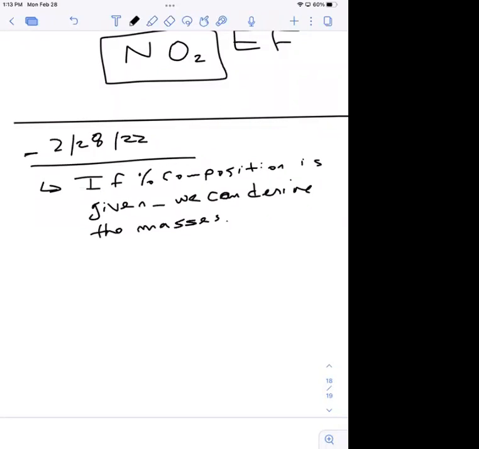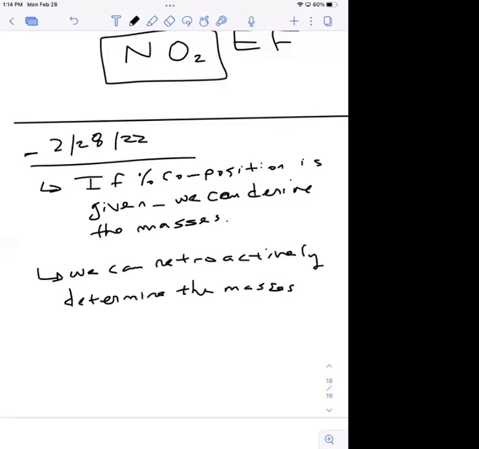And this is a kind of a preview of some other problems that we're going to be working with molarity, in that sometimes you have to make an assumption about what you have in order to determine some variable or some number that you actually need. So you have to derive it. So we're going to work backwards. So we're going to retroactively determine the masses, right, using percent composition.